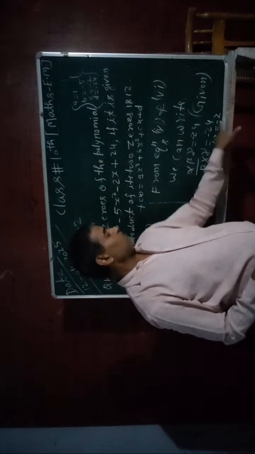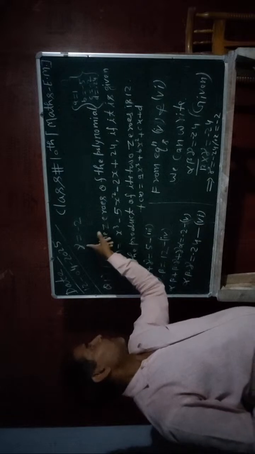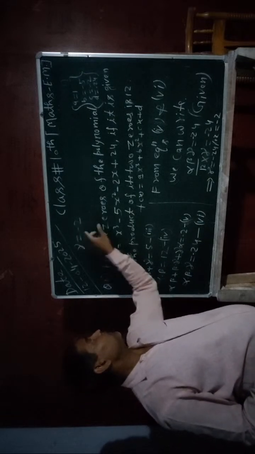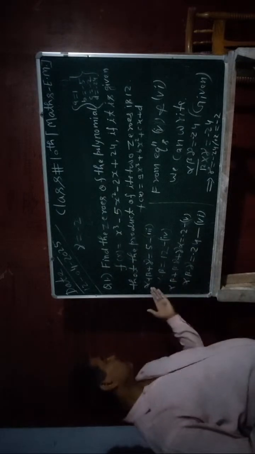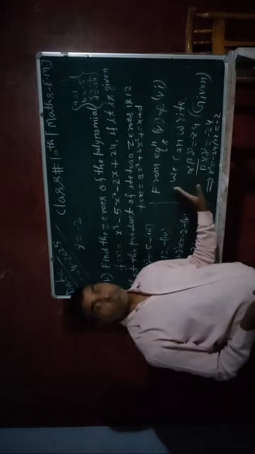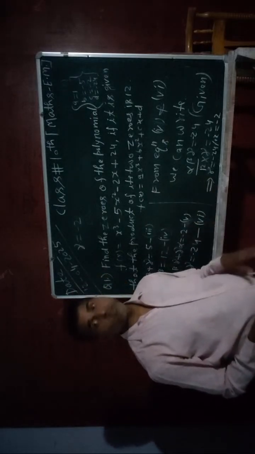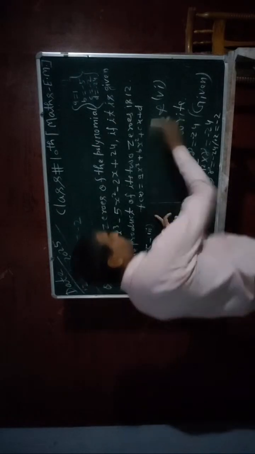After division I will get its value, minus 2. So I have got one zero's value, that is gamma, whose value is minus 2. Now further I will get the value of alpha and beta. Okay student, so I am going to erase this calculation for doing the next calculation.